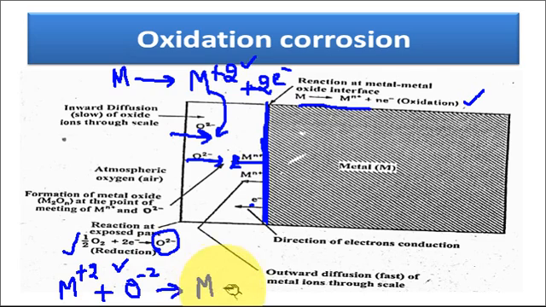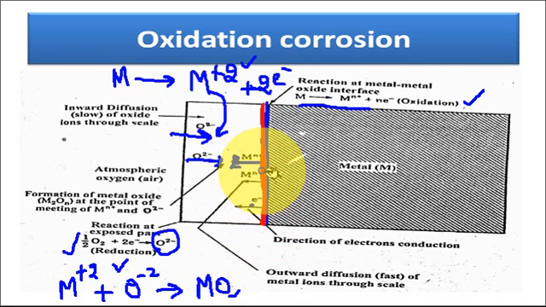So, finally, the completion of the reaction results in the formation of the metallic oxide onto the metal surface. Suppose there is the formation of the metallic oxide in this way at the metal surface.